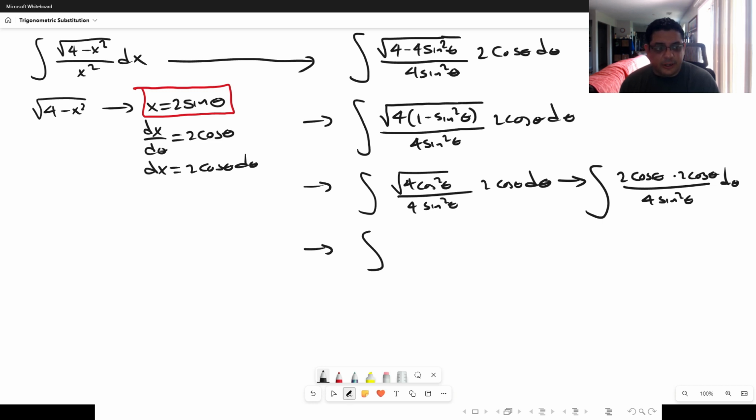And cosine squared over sine squared is going to be what is left over here. And if you think what that is, this is just going to be cotangent squared, right?